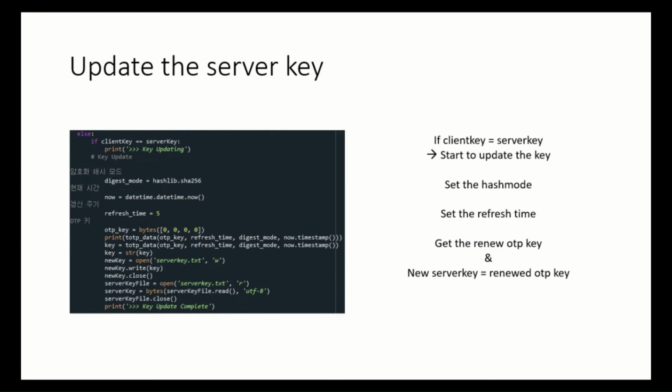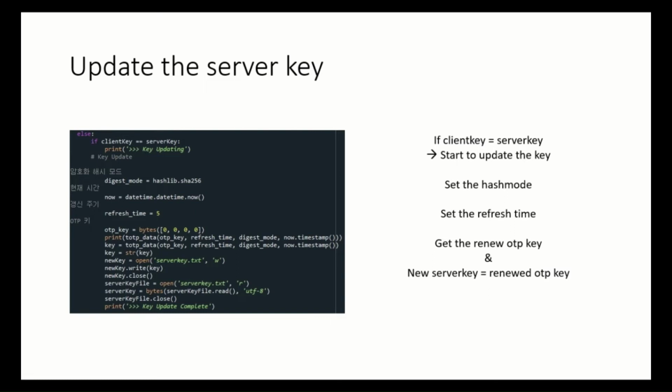And this part updates the server key. If the client key is equal to the server key, the server starts to update the key, and then we set the hash mode to make an OTP key, set the refresh time and get a renewed OTP key, and this renewed OTP key is the new server key.